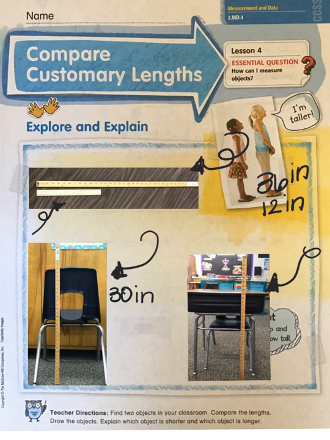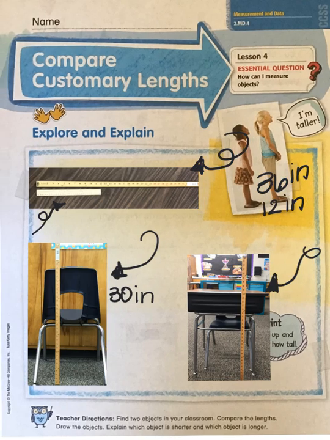The desk is 27 inches tall. So now which one of these is taller? The desk or the chair? Well, we know that 30 is greater than 27, so we say the chair is longer than the desk.